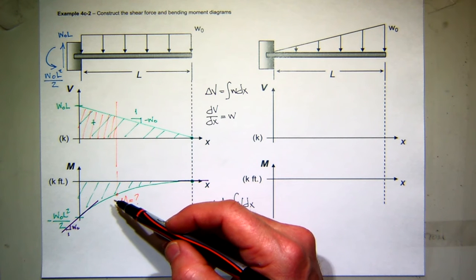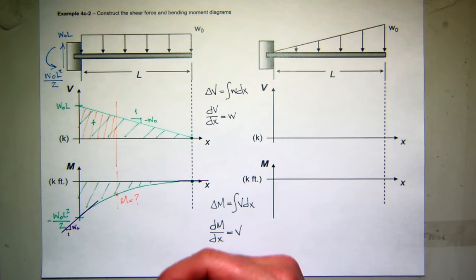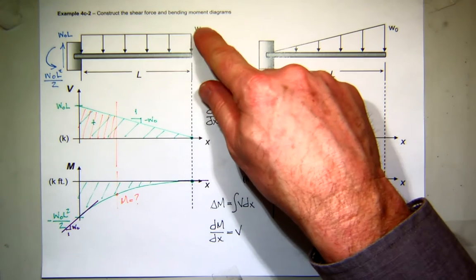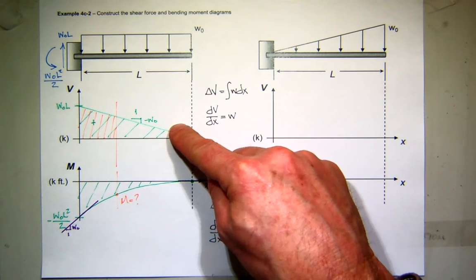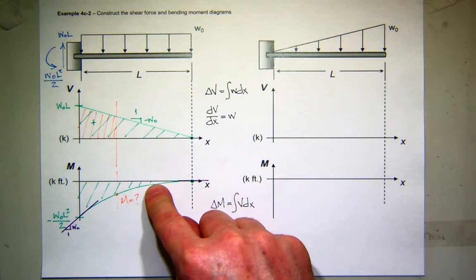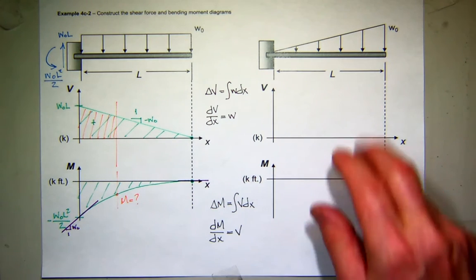So you could do it if you needed it. You don't have to go back and write the equation if you don't want. We can still use our relationships. So constant load, when you integrate it, you get a linear shear. You integrate it, you get quadratic moment. All right, let's do this guy.